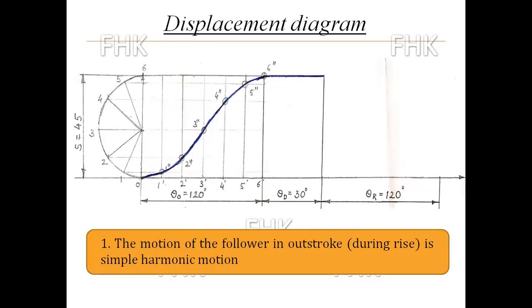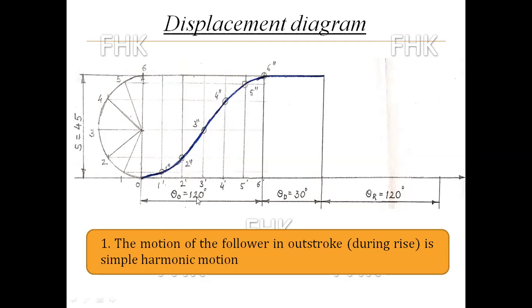Now come to the first step, to draw the displacement diagram. As we discussed in the previous session, this is how to draw the displacement diagram when the follower moves with simple harmonic motion. In brief, I explained how to draw the displacement curve in the forward stroke.